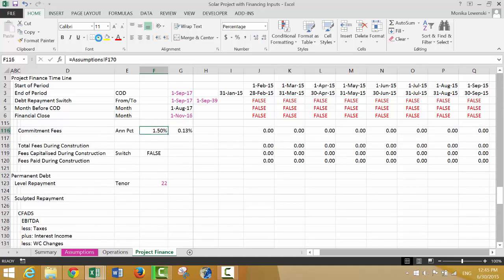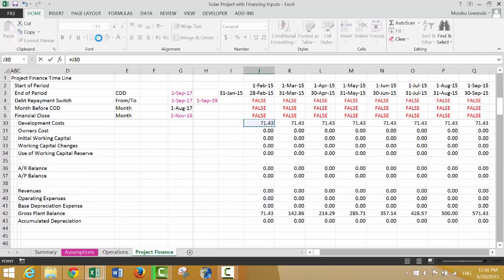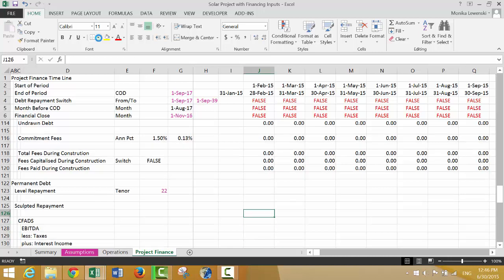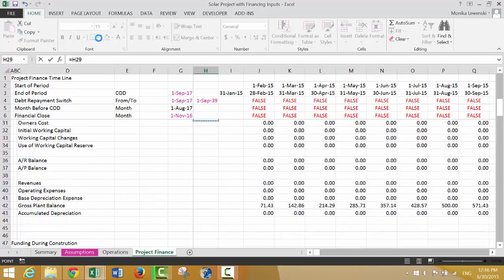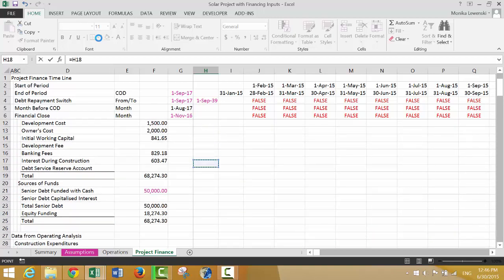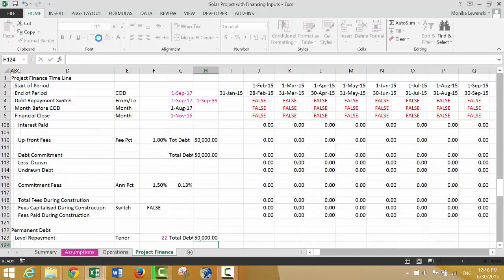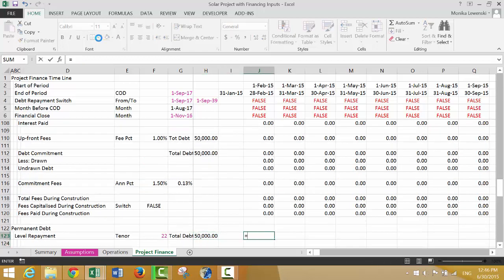Okay. Now let's put in the EBITDA. Oh no! Before we do this, now the sculpted repayment, and then the total debt, not including any capitalized debt. This issue that we just had. So one of the only real things is you have to know whether to take the one that's capitalized or not.